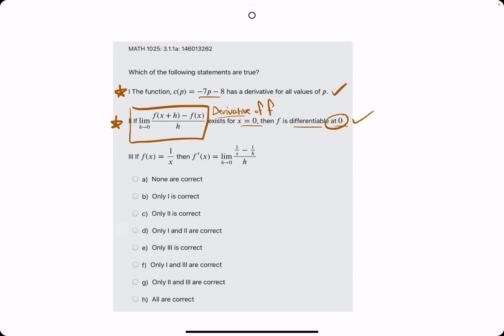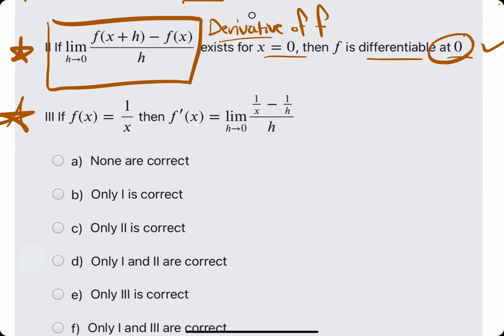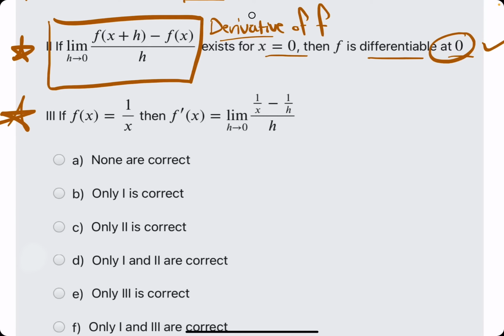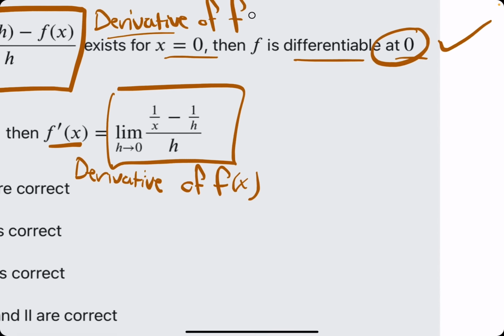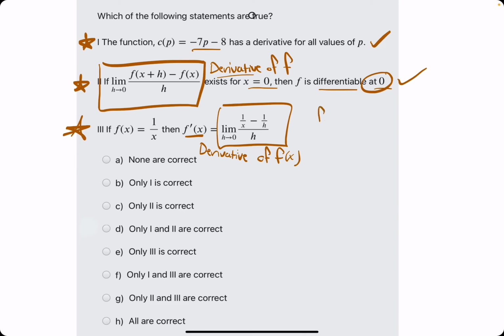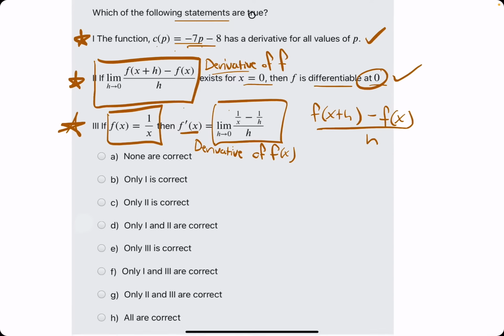That's very true. Number 3, if f of x equals 1 over x, then f prime, also meaning the derivative of f, is equal to this. So really the question is, does this match the form f of x plus h minus f of x all over h for this function 1 over x?